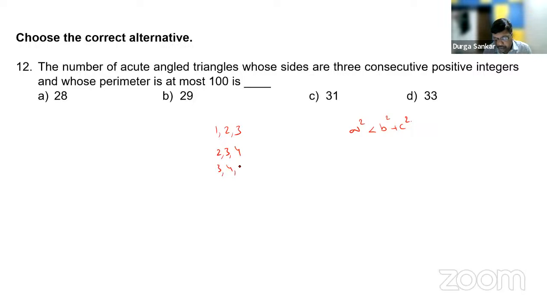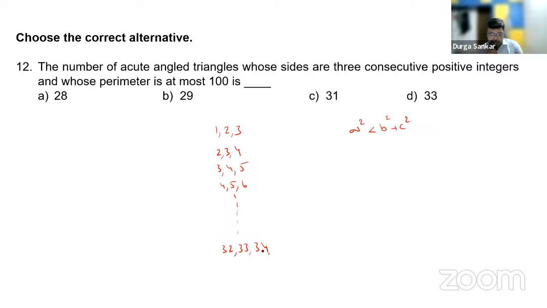Next, 3, 4, 5; 4, 5, 6, and so on, till I reach a triplet where the perimeter is maximum 100. Can I write 100 as a sum of 3 consecutive numbers? No. So the maximum I can do is 99, which is 32, 33 and 34.